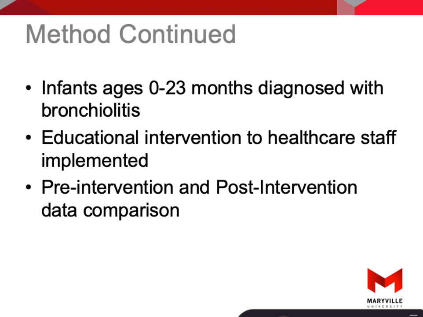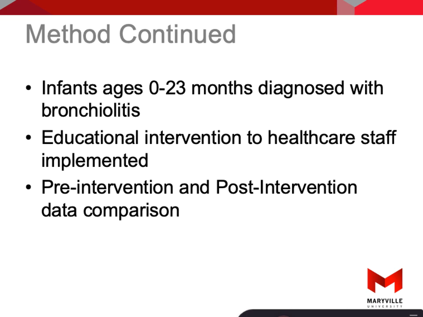A list of patients admitted to the hospital for bronchiolitis during this time was obtained from the nurse manager. The list was kept on a password-protected computer in a locked office without any other human access. This was a retrospective chart review, and participants were not engaged.